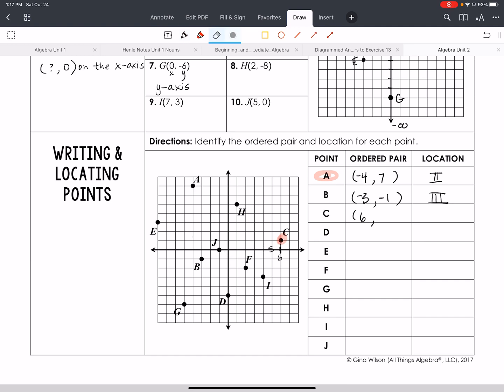And for the Y number line, use your eye and trace along, or if you have to, you can use little marks, but it makes your graph really messy after a while. So I trace along the line until I get to my Y number line, and I see that if this is 0, then this must be +1 on my Y number line. And that means C is in quadrant 1.